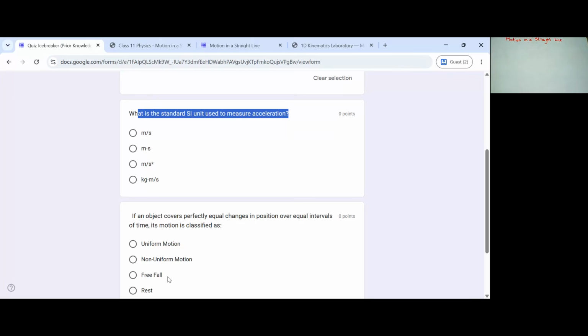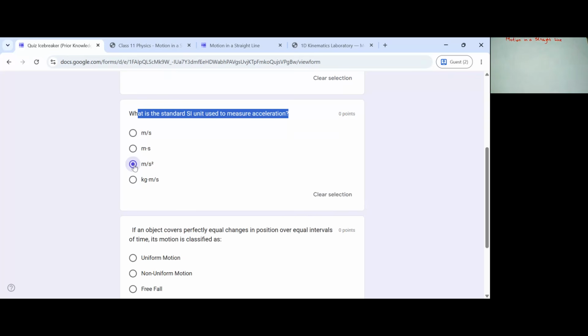Yes, good. Meter per second square. Option C is the correct answer. Meter per second is for velocity or speed, so for acceleration it is meter per second square, m/s squared.